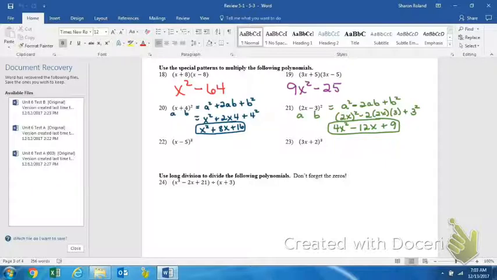Okay, this one has an exponent of 3, so this is the cube of a binomial, so we're going to use this formula. Let me move this down.